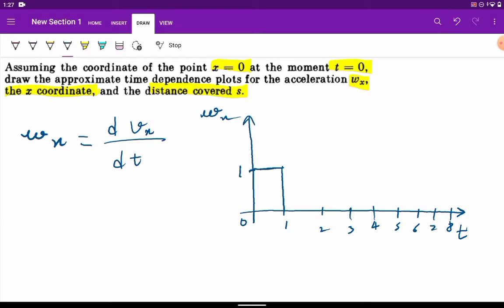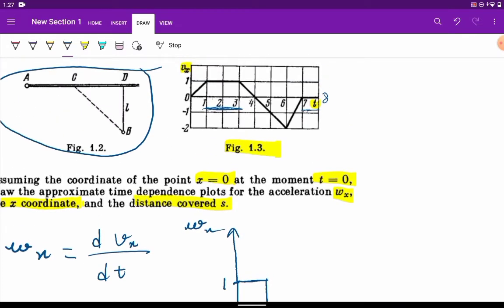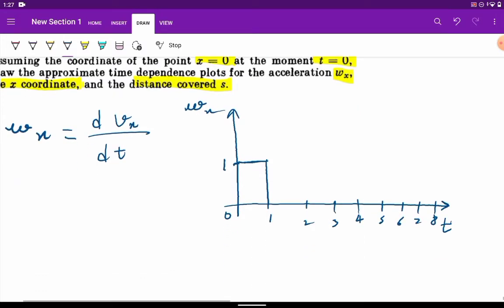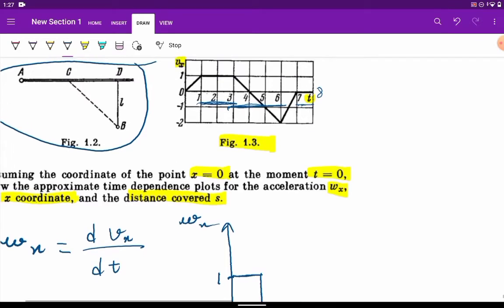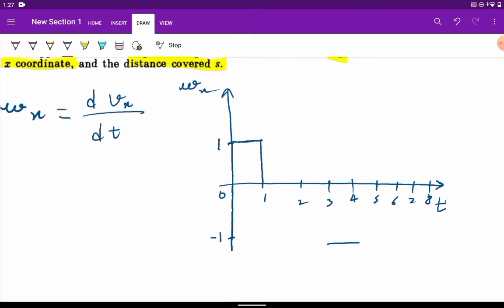Now from 3 to 6, the slope is negative, and if you observe, it is -1. So from 3 to 6, it is -1.